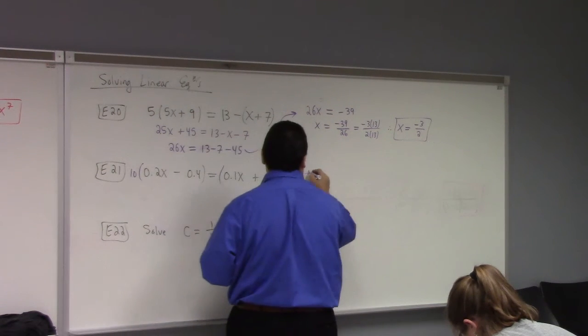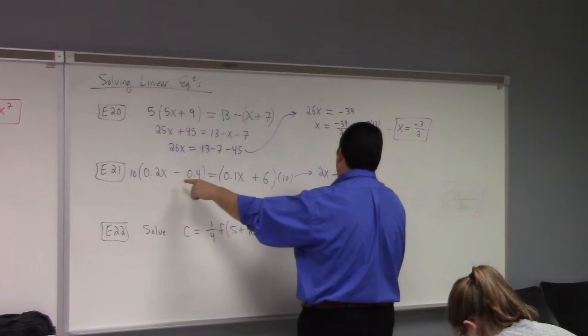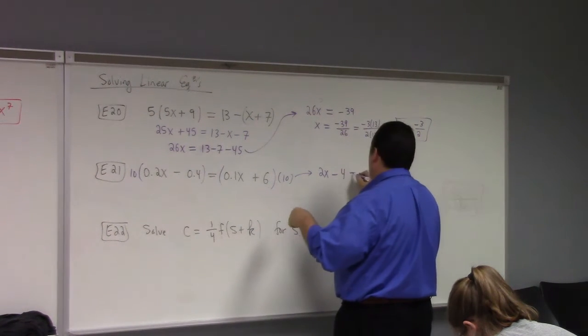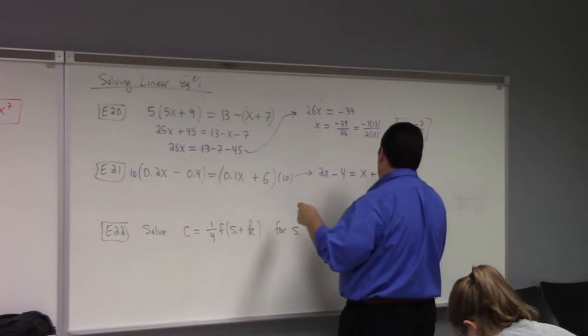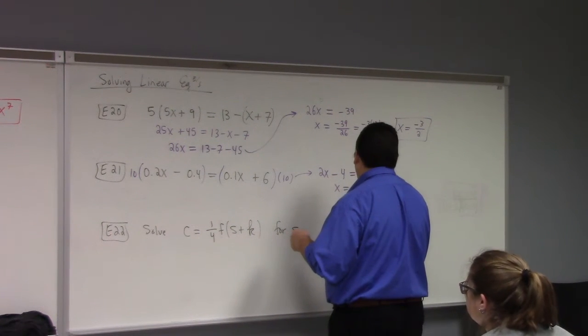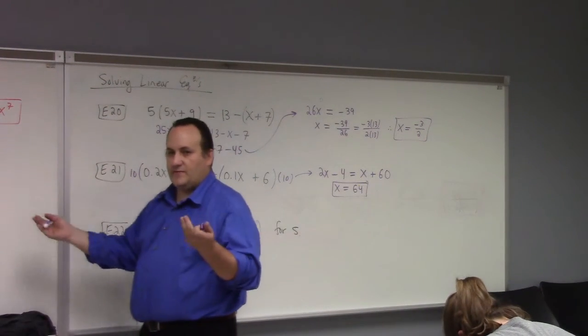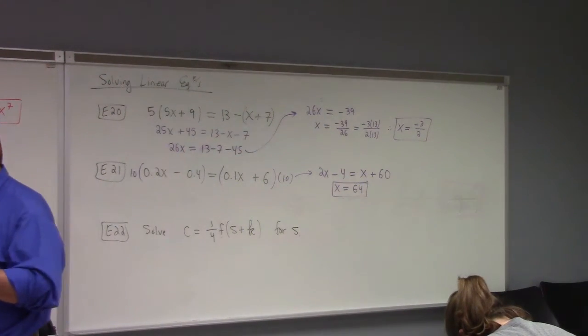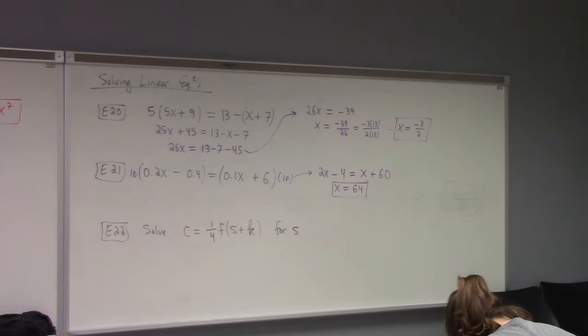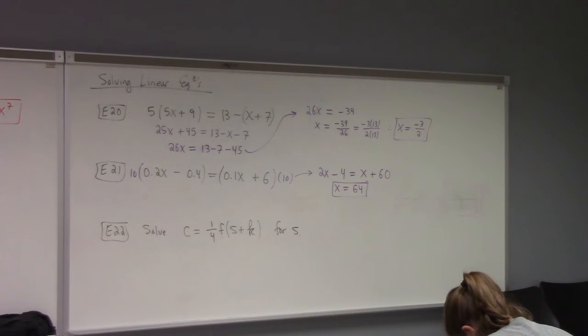We get 2x minus 4 equals x plus 60, which gives me that x is equal to 64. Because if I subtract x from both sides, 2x minus x is x, and 60 plus 4 is 64. x is 64. Again, this is consistent. It's conditional. This equation is only true if x is equal to 64.